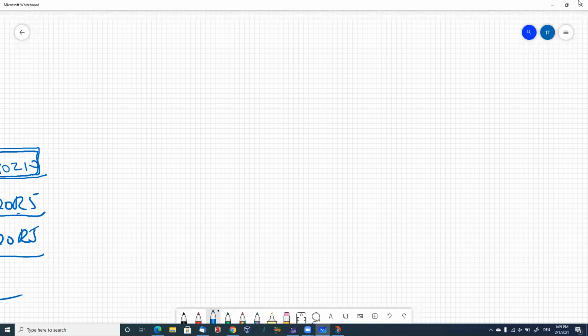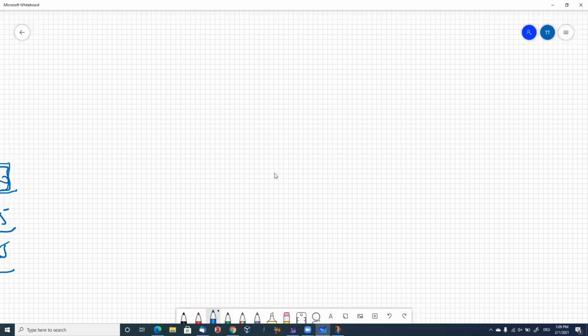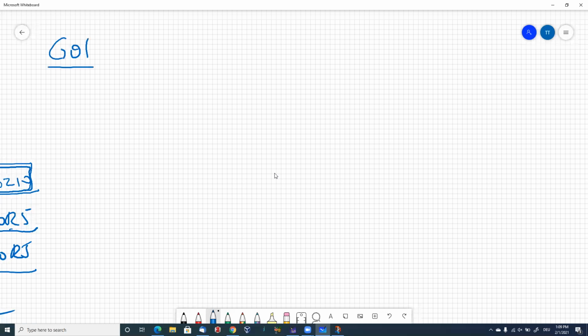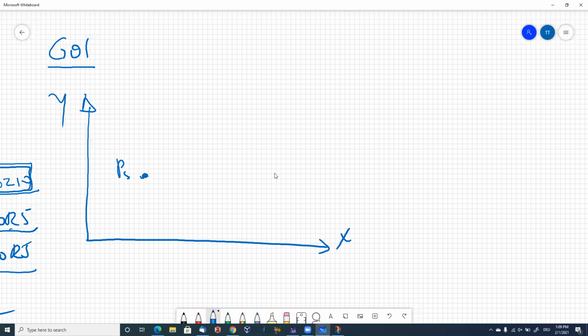So let us start with G01. In G01, assume you have an XY plane. You want to move from P start to P end, from PS to PE. This is your fixed reference frame, which we call the global reference frame.